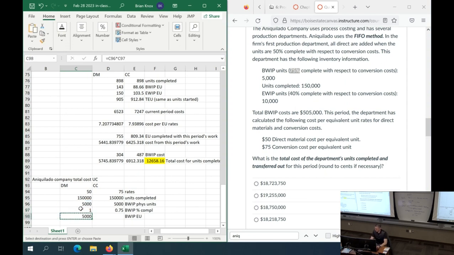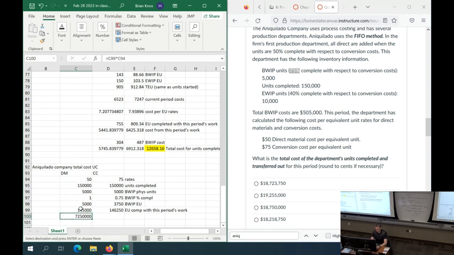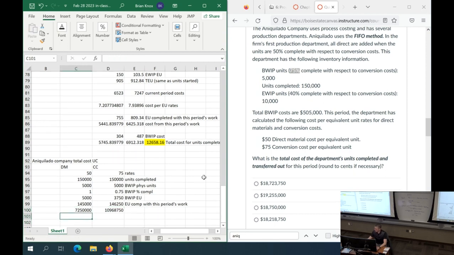We can multiply those and get our equivalent units in beginning work in process. We need that because we have to figure out what was completed with this period's work, the equivalent units completed with this period's work. Now we can multiply that by this period's rate. We need to multiply this period's rates only by this period's work. We're getting big numbers here. And then we need to make sure we add in the beginning WIP cost.